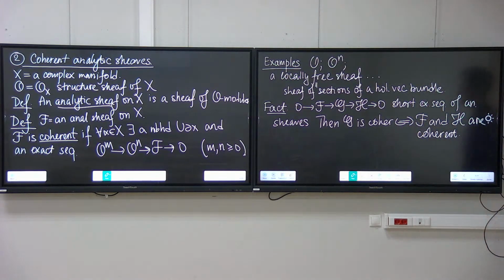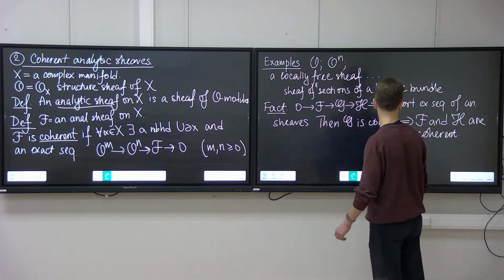And this is very useful. For locally free sheaves, that is not true. The quotient of a locally free sheaf is not necessarily locally free, but it will be coherent, and it's very useful.